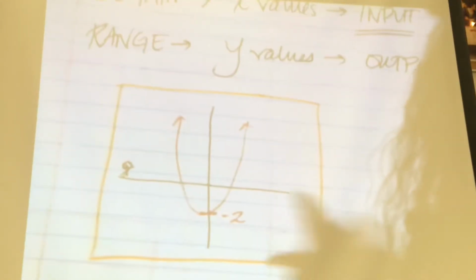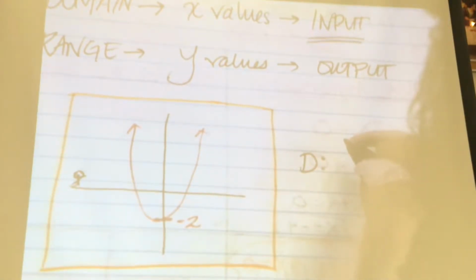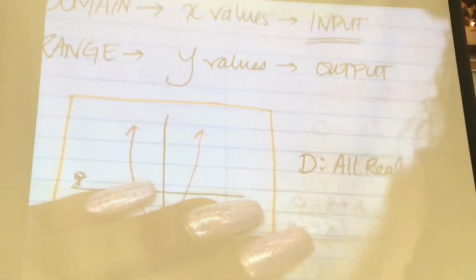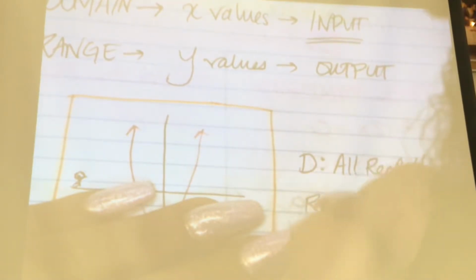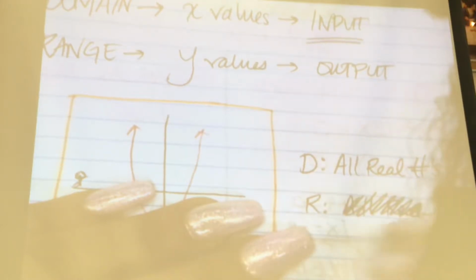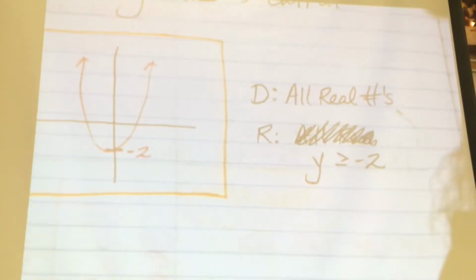For this example, you would say the domain is all real numbers, and that the range is, I'm sorry, not all real numbers. y has to be greater than or equal to -2.